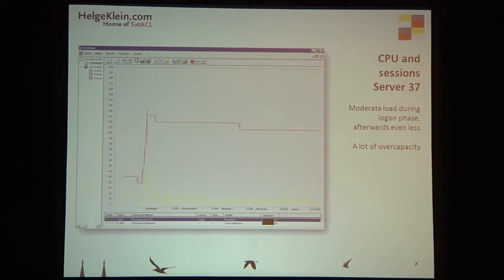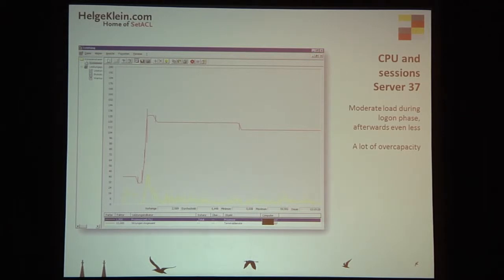The graph is scaled in such a way that at the top here there would be 200, so 100% CPU utilization would be right in the middle. But still, the CPU is not really doing anything. And that's not good.